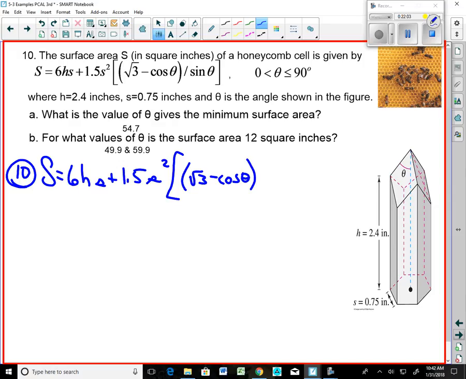They're writing it like this, but you could write it as a fraction, so I'll write it like that as well, over sine theta, and then close that. Where 0 is less than theta, which is less than or equal to 90 degrees. So it's in degrees, in that first quadrant, so all of our trig functions are positive.